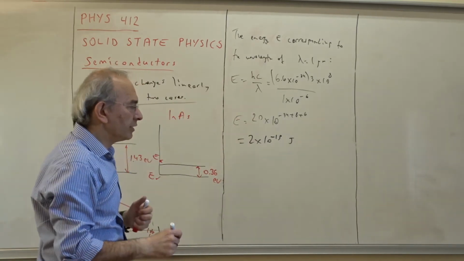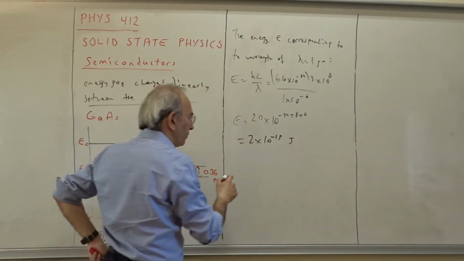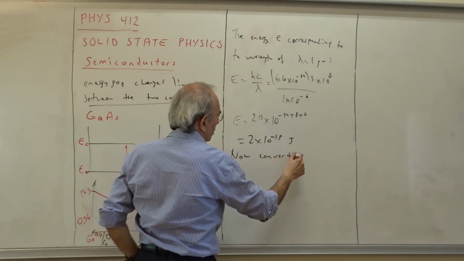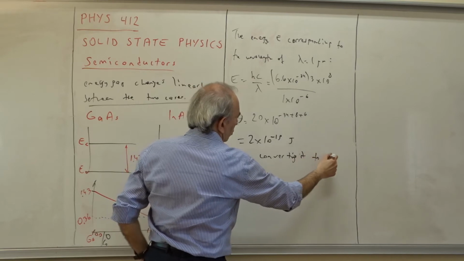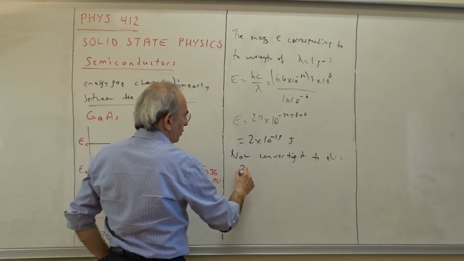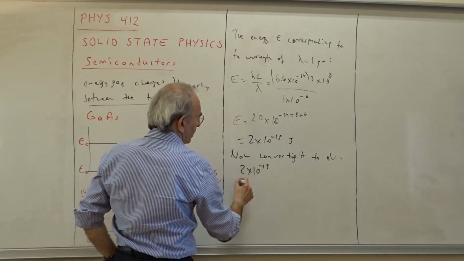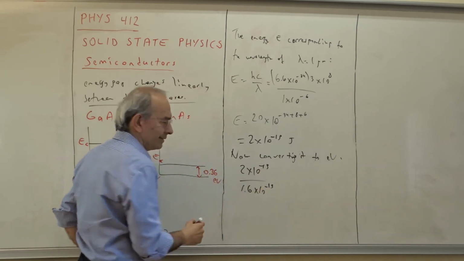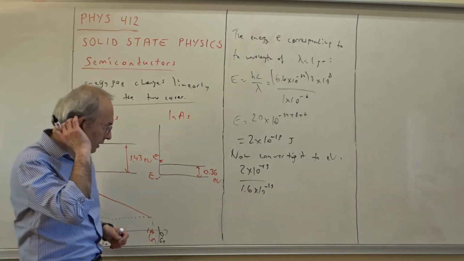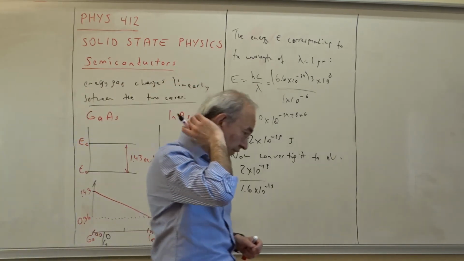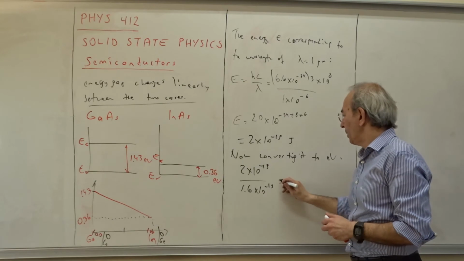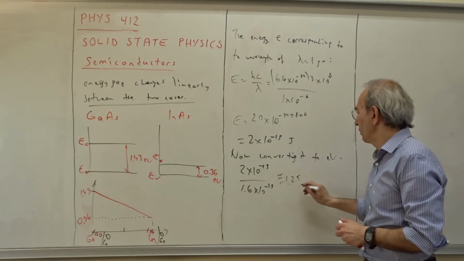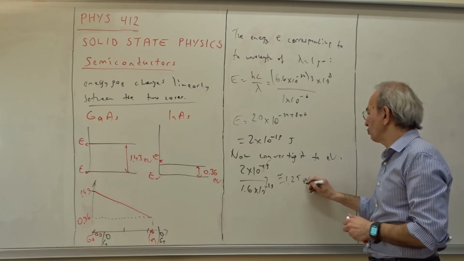Now converting it to electron volts, we divide by the conversion factor: 2 times 10 to the minus 19 divided by 1.6 times 10 to the minus 19. So we will have approximately 1.25 electron volts.